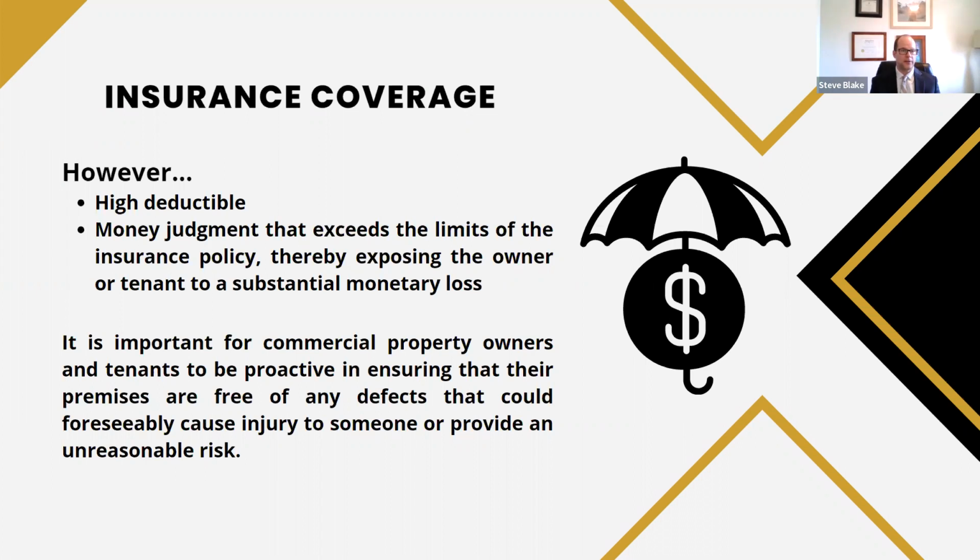And also, if the insurance coverage is insufficient, let's say it's a $1 million policy, and the damages to the injured party exceed that, it could expose the owner to a substantial monetary loss. So just because insurance exists doesn't mean it will adequately cover the claim. Therefore, it's important for commercial property owners to be proactive in ensuring that their premises are free of any defects that could cause foreseeable injury.